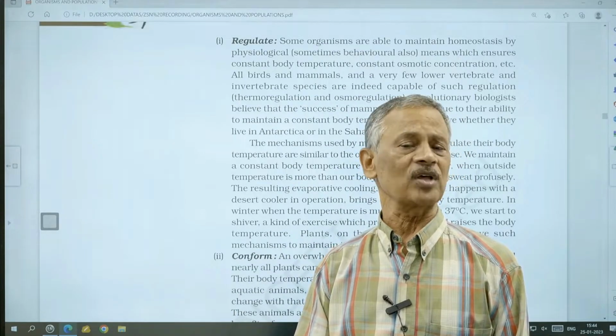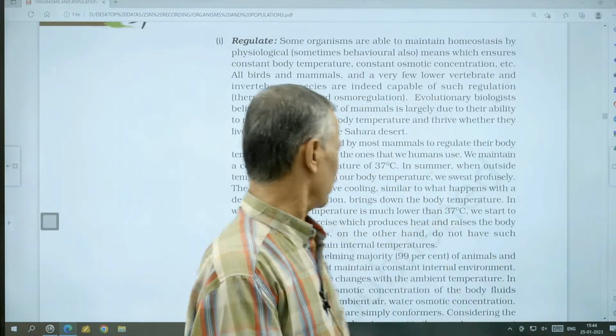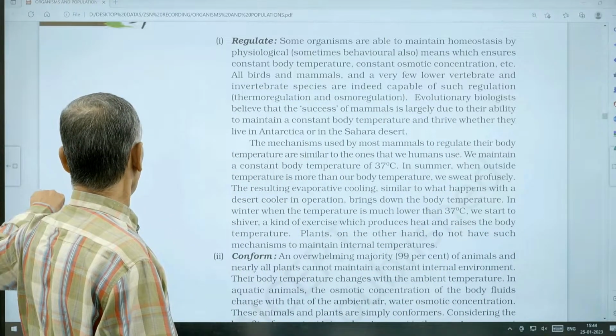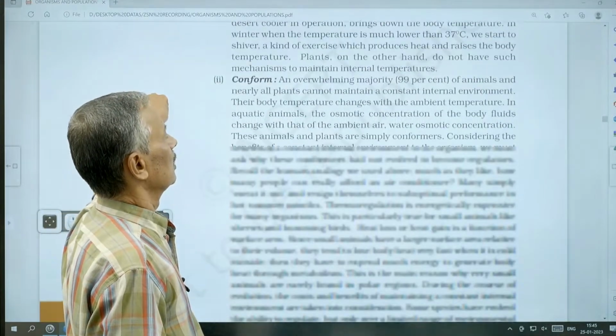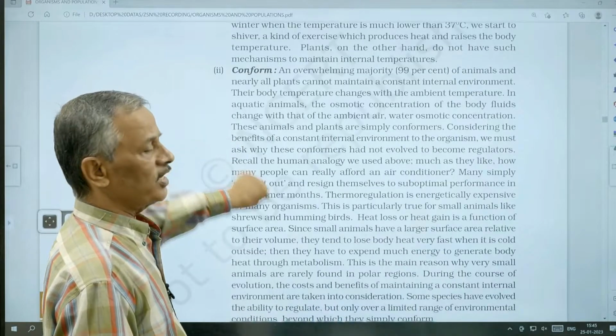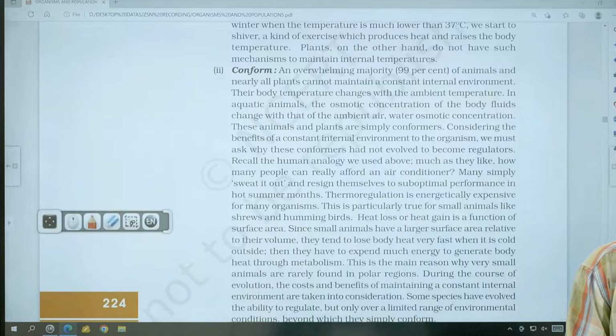These organisms are poorly organized and so they do not have that machinery. This is the reason. So they are energetically poor. They do not have that much energy to be wasted for maintaining a constant internal environment.